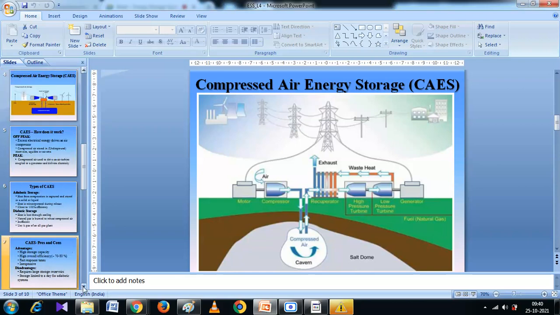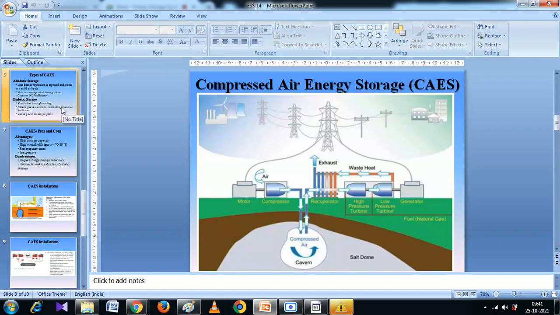Which type of compressed air energy storage system do we prefer? Avinash, can you tell me, which kind of compressed air energy storage system do we prefer, adiabatic or diabatic?